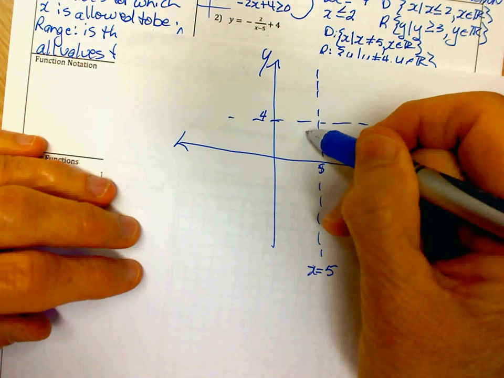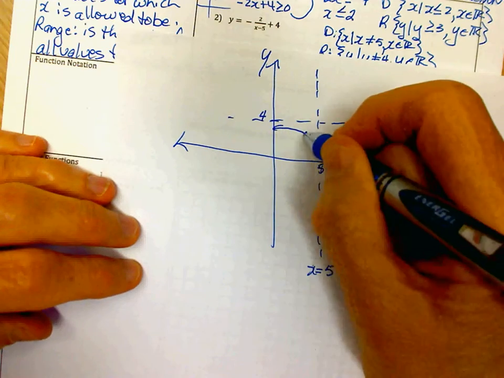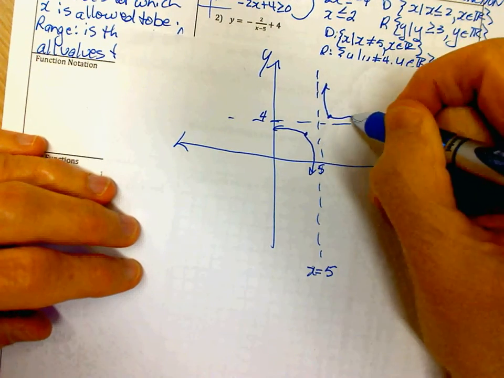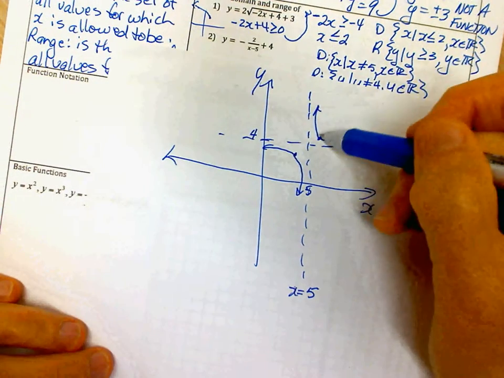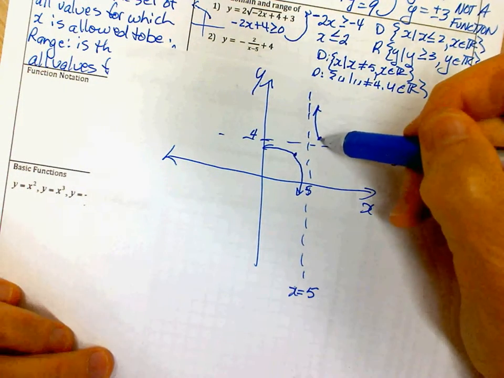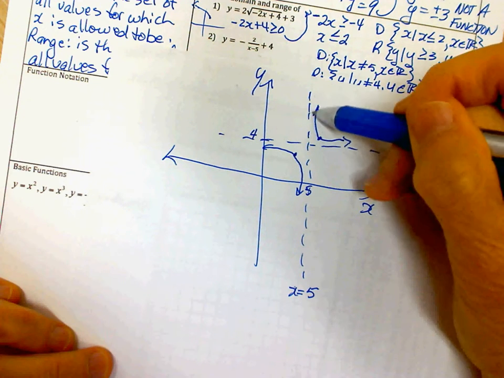Approximately. I'm just doing a rough sketch so you can get an idea of what this graph would look like. So notice we have an asymptote at x equals 5. As x gets closer and closer to 5, notice that this graph will never touch x equals 5.